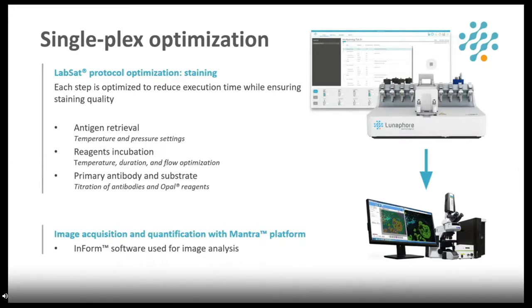The parameters could be directly adjusted from the software interface of LabSat Research, and the parameters that were available for us to play with were the antigen retrieval, so both temperature and pressure settings, the reagent incubation, here again temperature, duration, and reagent flow optimization, and finally primary antibody and substrate titration, just like in any regular assay. The image acquisition was done on a Mantra imaging station, and the inForm software was used for image analysis.